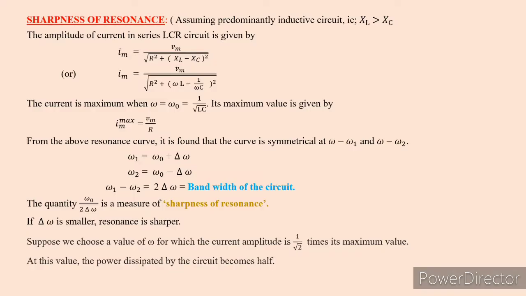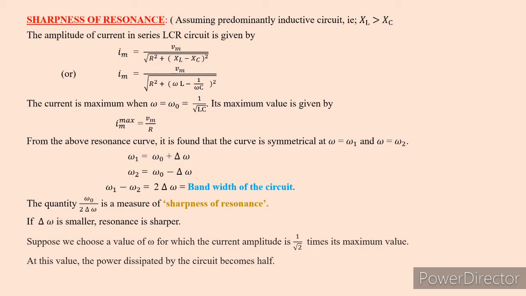Sharpness of resonance. Assuming a predominantly inductive circuit, that is XL is greater than XC, the amplitude of current in a series LCR circuit is given by Im equal to Vm divided by square root of R square plus (XL minus XC) the whole square, or Im equal to Vm divided by square root of R square plus (omega L minus 1 by omega C) the whole square.